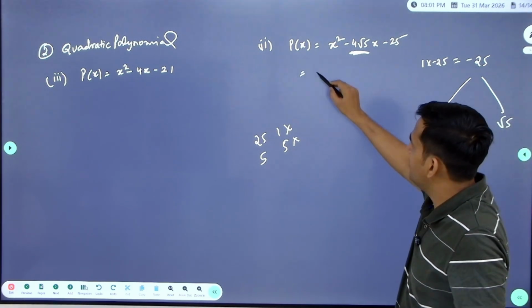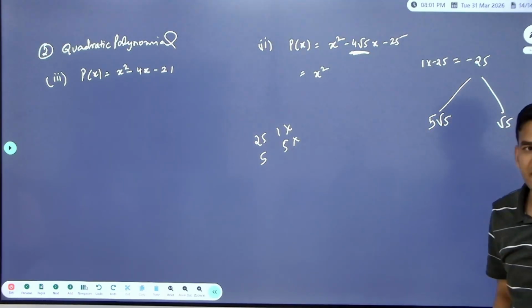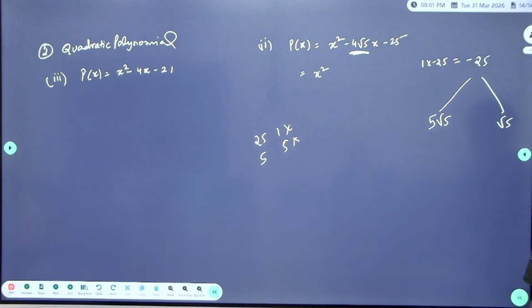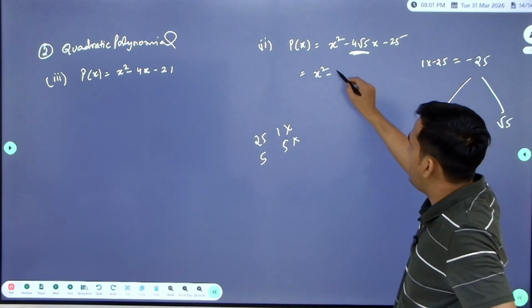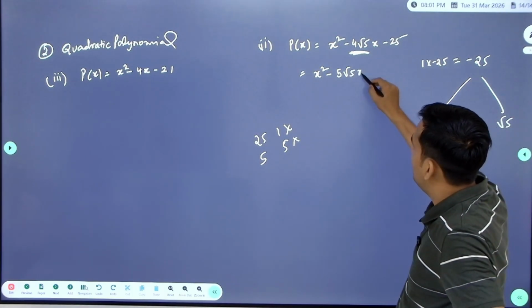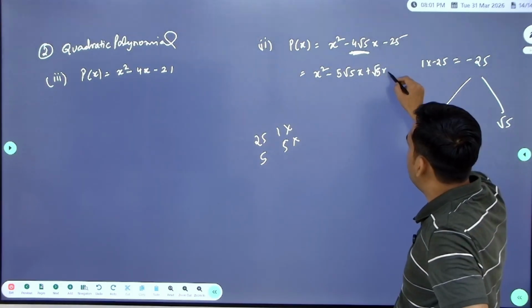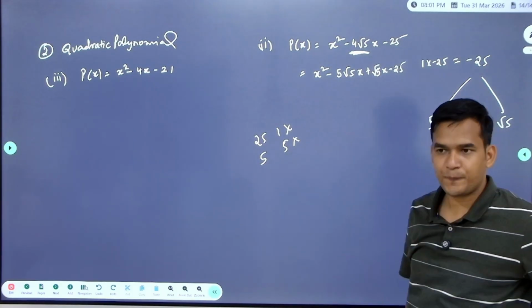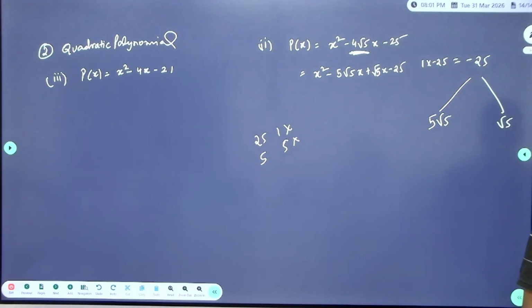So now the middle term is negative, so the bigger one should be negative, the smaller one should be positive. So 5 root 5 will be negative and root 5 will be positive. So x square minus 5 root 5x plus root 5x minus 25. These are the factors.